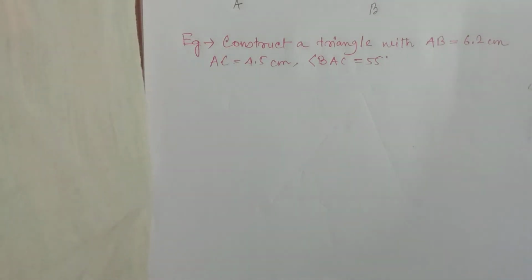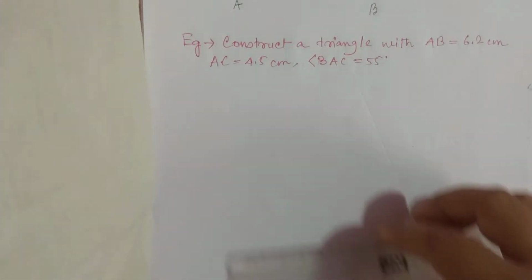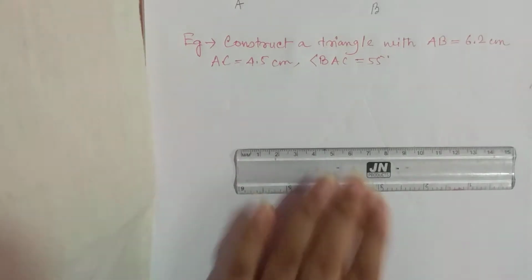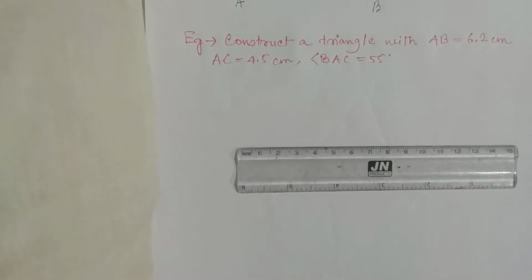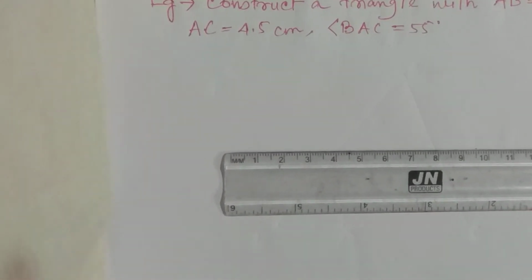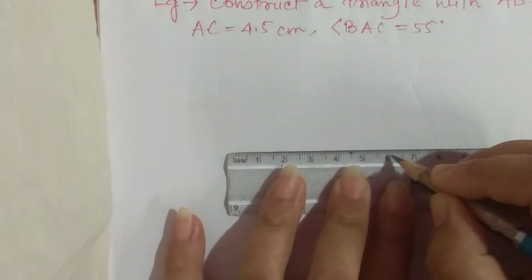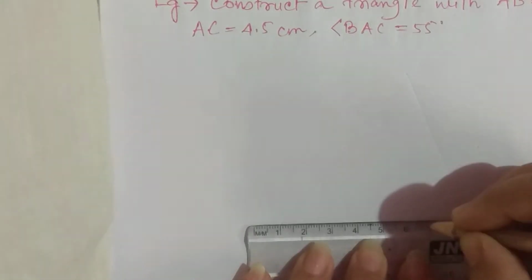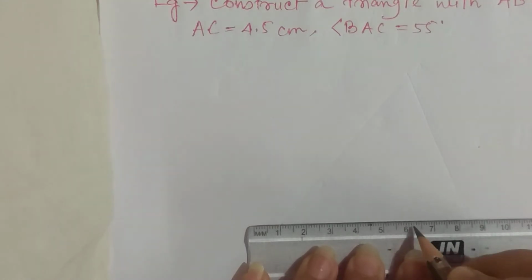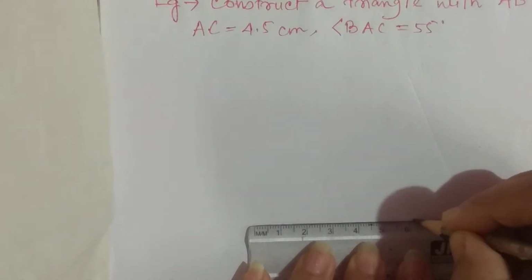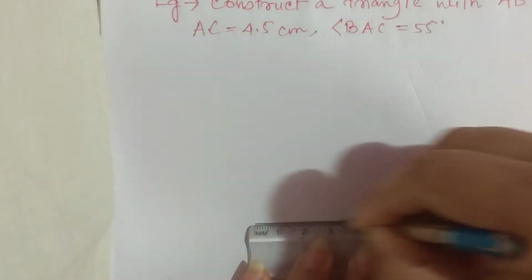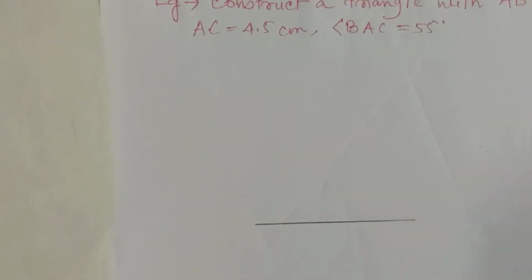The rule is we have to draw the longest one first, that is AB, we will draw 6.2. You can see here I am drawing 6.2. This is 6, 2 marks after 6. So it is 6.2. Okay, this one is AB.